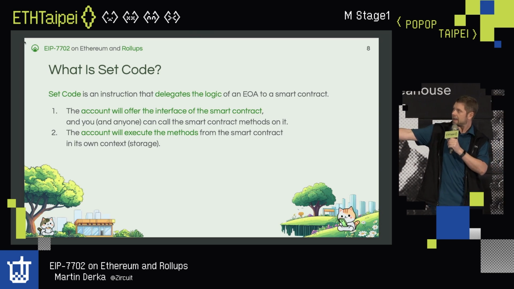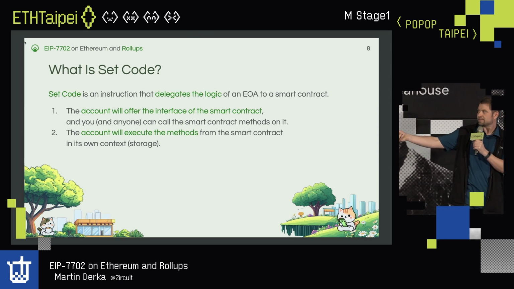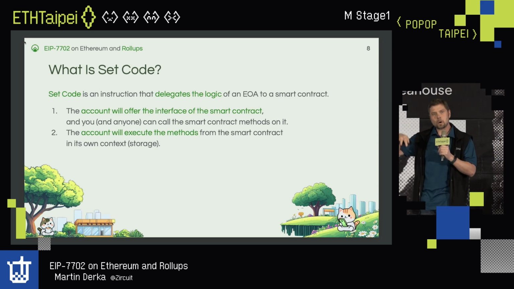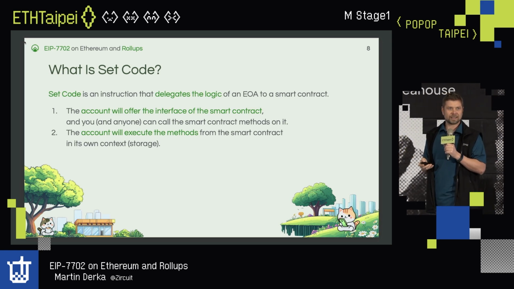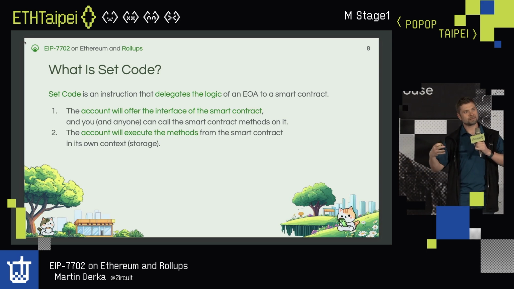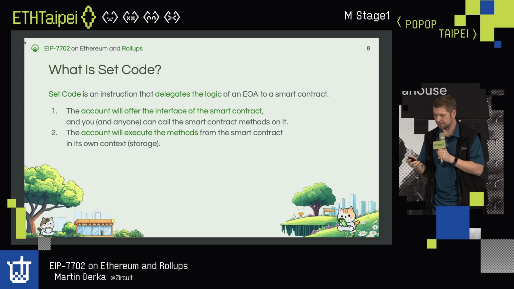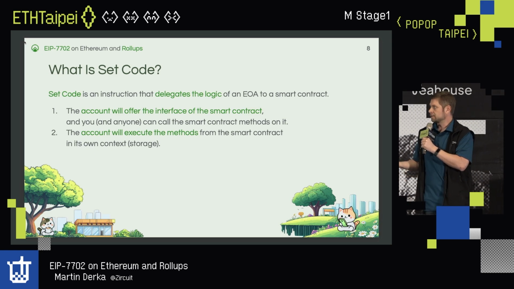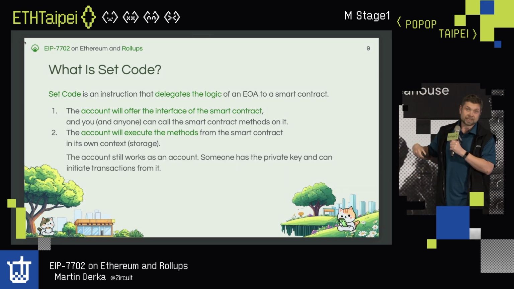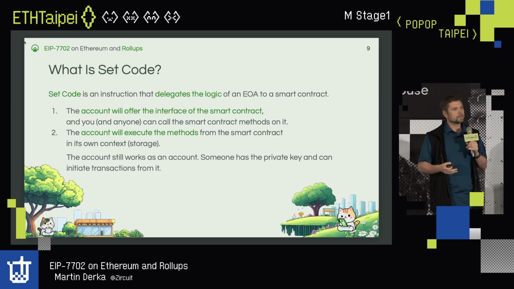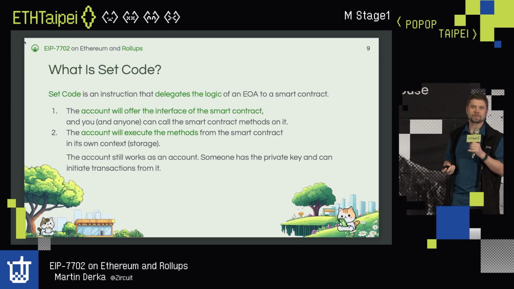And then this account will start executing these methods, but it will execute them in its own context, specifically in its own storage, okay? So whatever writes into slots we will have, they will be actually writing into the EOA's storage. But other than that, that EOA is still gonna operate in the same way as it normally did before this EIP 7702.